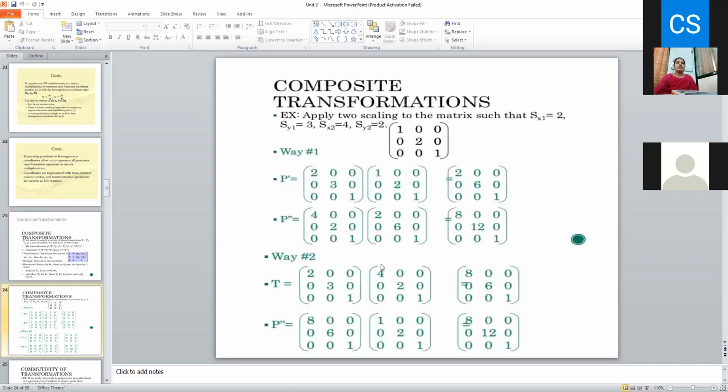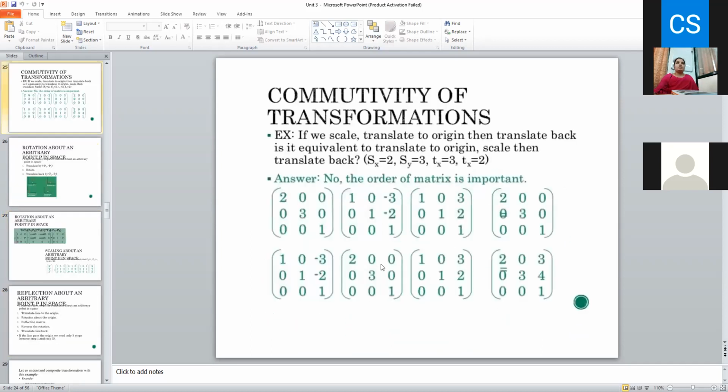Then we have seen an example in case of the order of the operation. Here the matrix multiplication is non-commutative, and that's why we have to follow the order of the operation in order to get the accurate result. If we change the order, we will get different results.